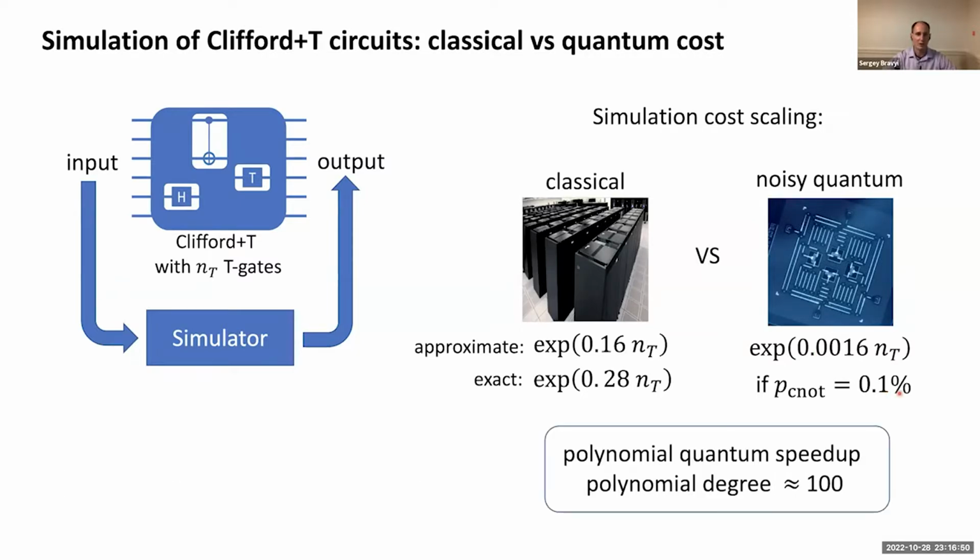And you can also think of this example as a polynomial quantum speedup. The degree of the polynomial is very large. And of course, this is an oversimplified picture because I completely ignored all factors in front of the exponential scaling that depend on the number of qubits, number of Clifford gates, and so on. But this is sort of consistent with the plot that I showed you in the beginning.